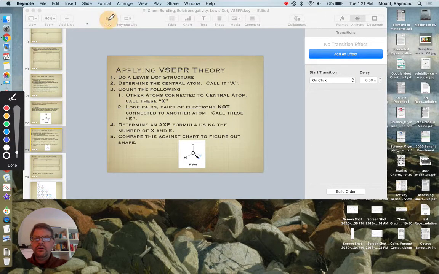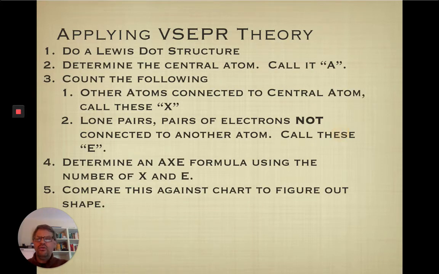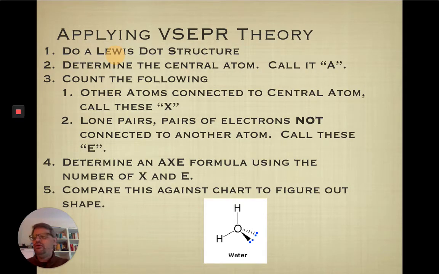So, how do you actually do VSEPR theory? How does this work? So, you follow these steps. Step 1, you do a Lewis dot structure, like you did yesterday in the previous lesson. Okay? Now, you can use VSEPR theory for large or small molecules.